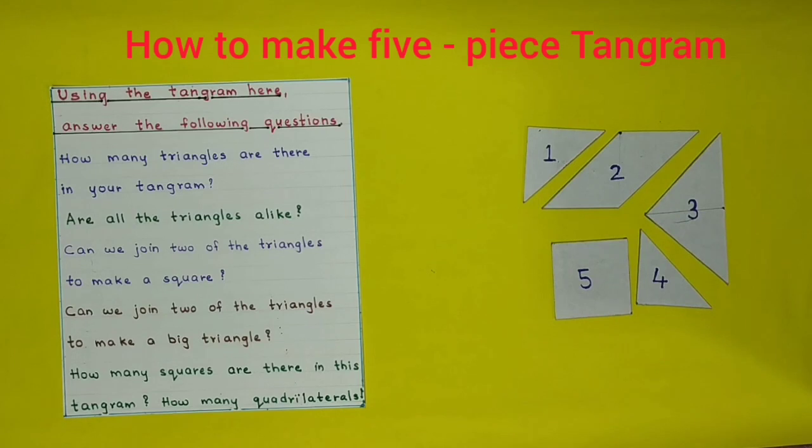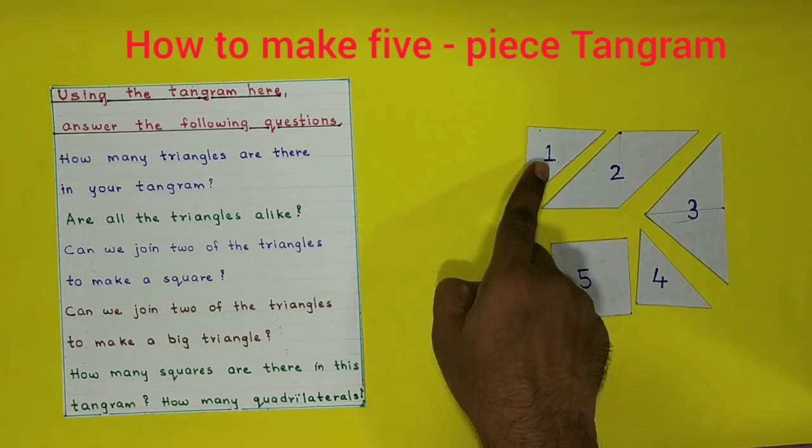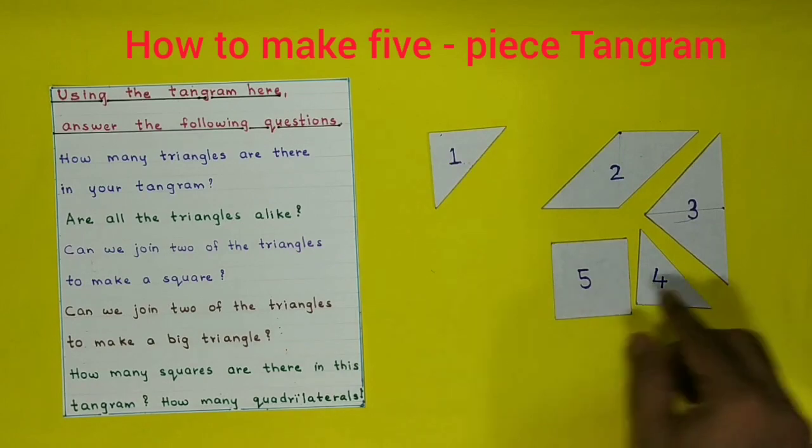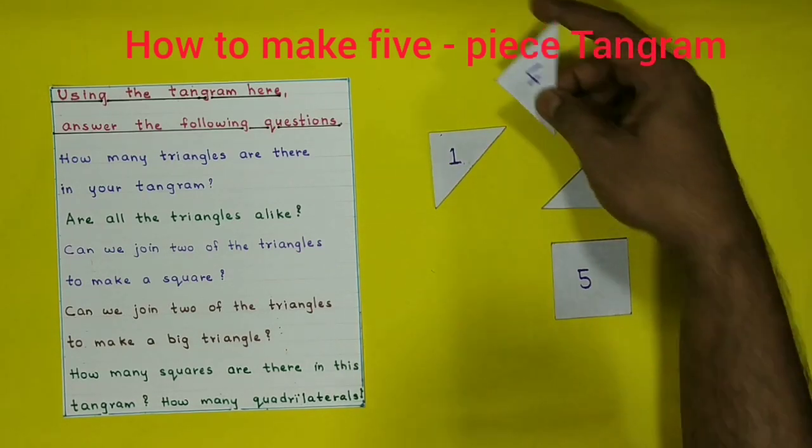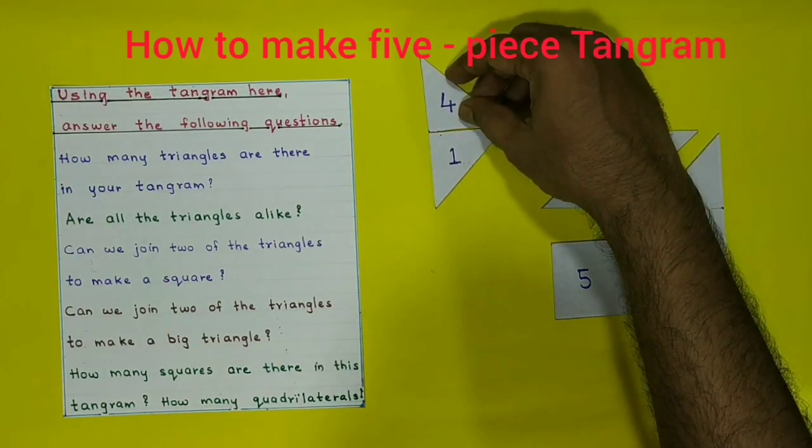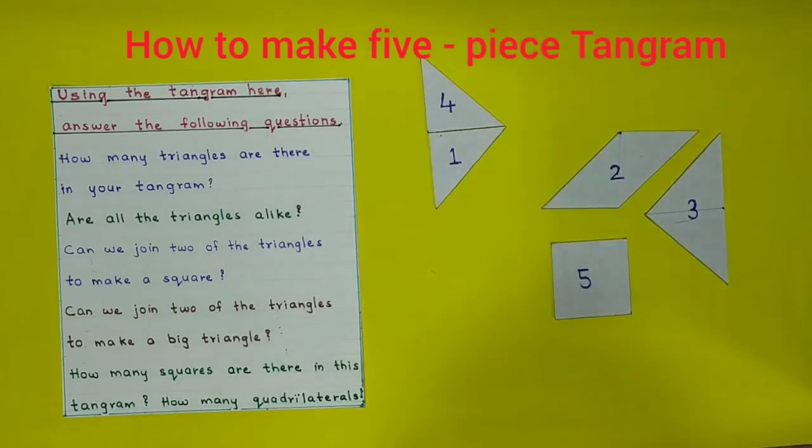Our next question is, can we join two of the triangles to make a big triangle? Let us take two small triangles and join them. See, when we join two small triangles, we are getting a big triangle.